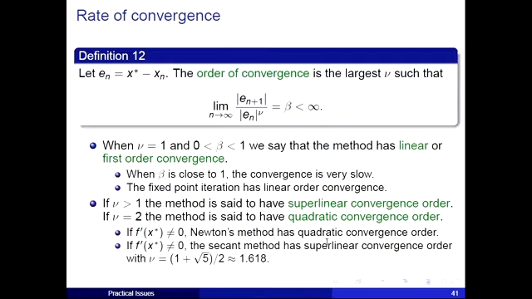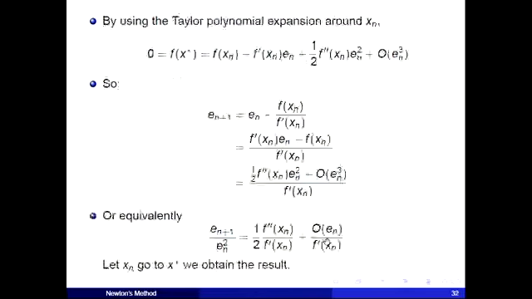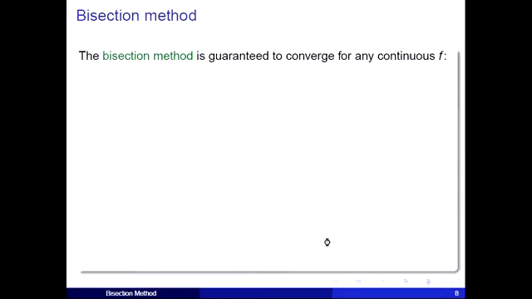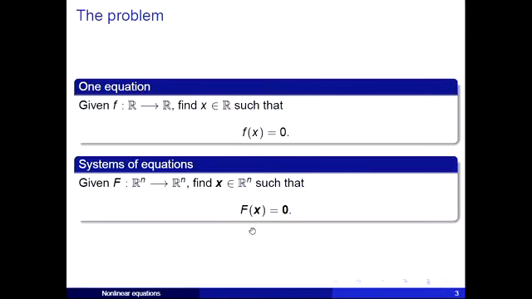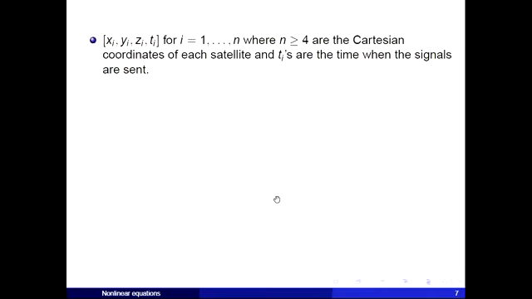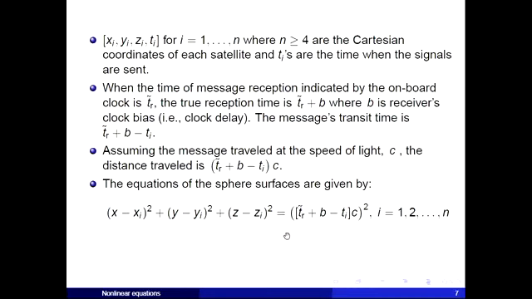Remember in the very first slide, we could have a system of equations. In terms of the GPS navigation equation, you can have 4 equations like this. And how do we find the solution of a system of nonlinear equations? So maybe we take a break for 5 minutes and then we discuss that. Is it okay? Okay.